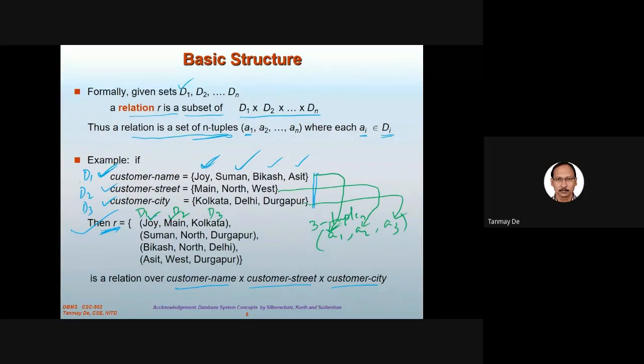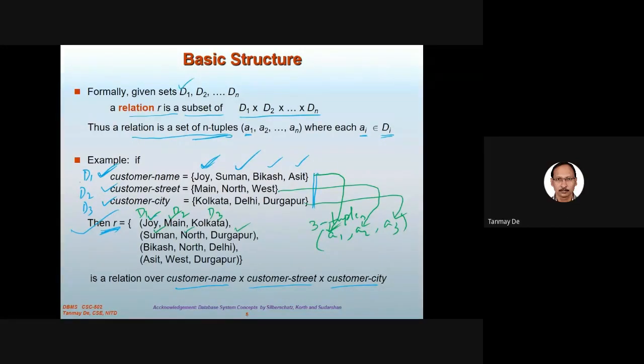Similarly, here Sumon comes from D1, North comes from D2, and Durgapur comes from D3. Is it clear? So here each value comes from D1, D2, as well as D3. Is it okay? Yes, sir. Okay, you can read from the books.